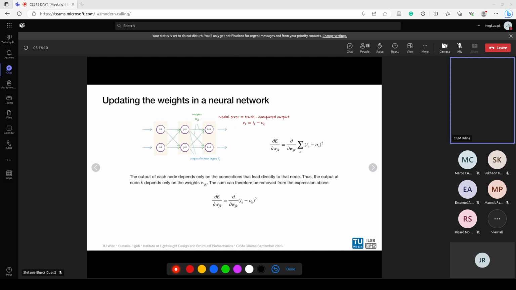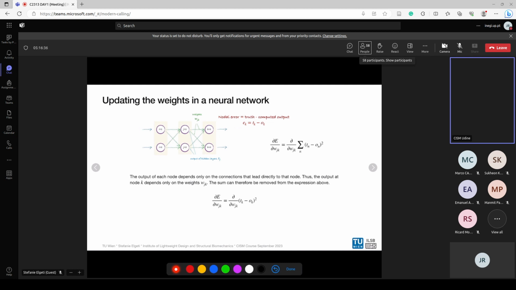So we have this error at the output, which is the truth minus the computed output. Then our objective function is this: we have the sum over all of the output nodes of the square of the error.